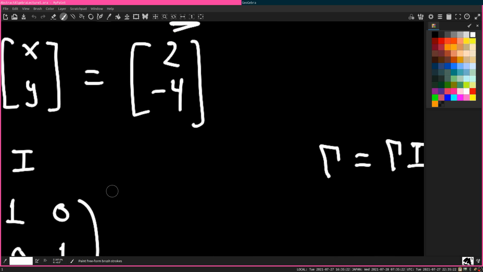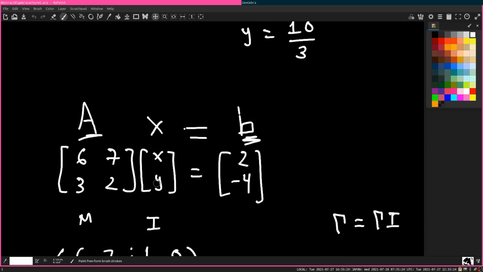In other words, when we write Ax equals b, this is a typical way that you think about it. This matrix is called A, this one is called x, and the vector is called b. Whether or not the system can be solved only depends on A. And what I'm going to try to do is convince you that it only depends on the determinant of A.